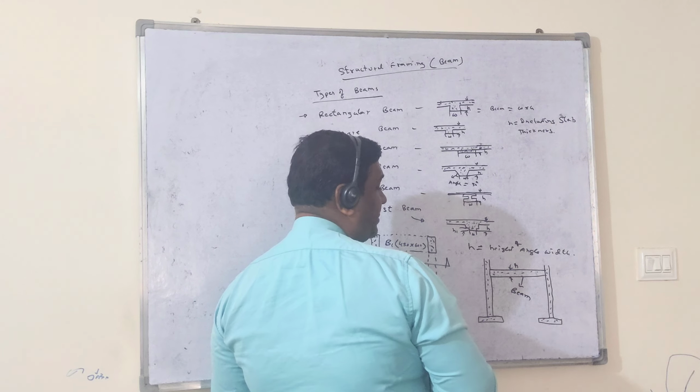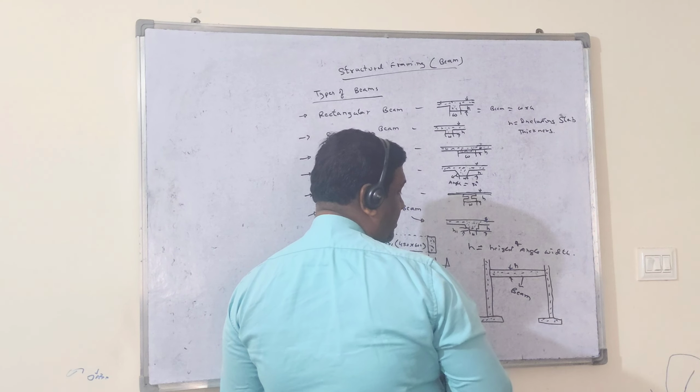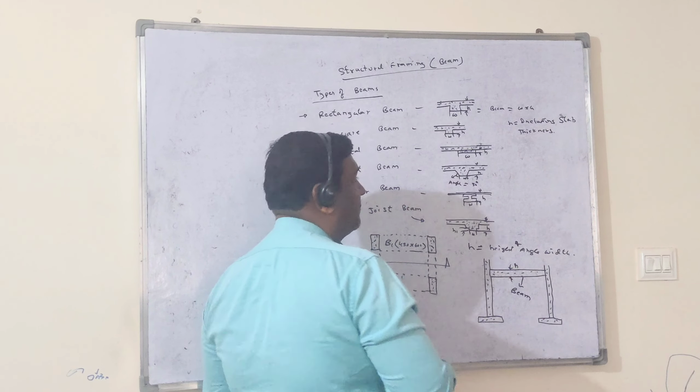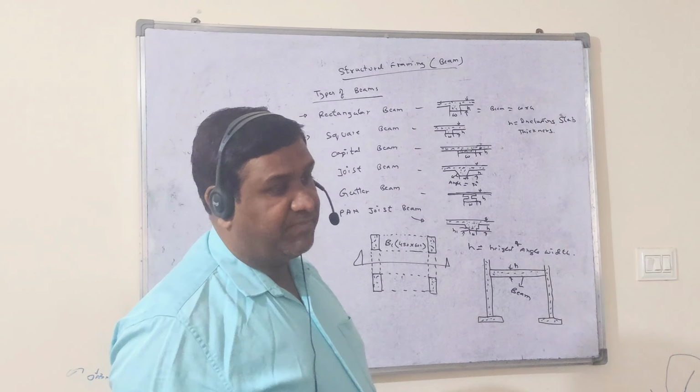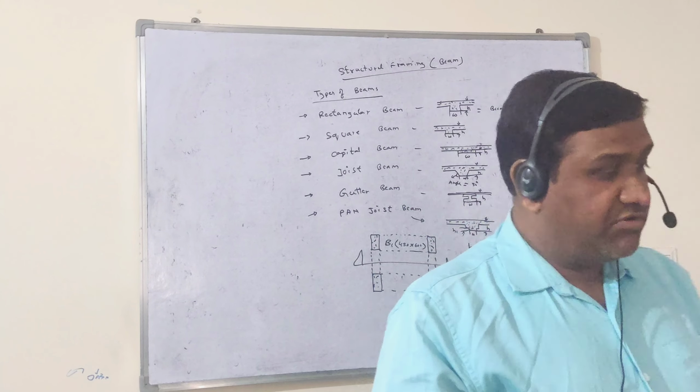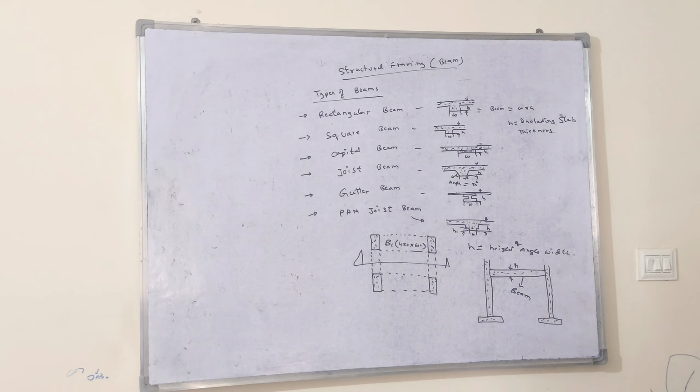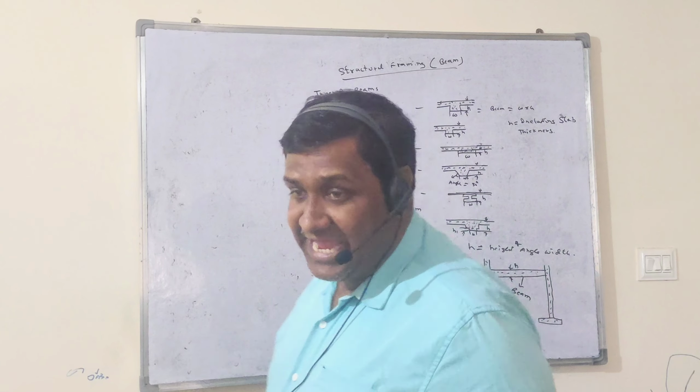So this way we design the beam. If you are placing the beam at plinth level, the ground level, that we will call plinth level. Some people call it floor level also. The beam which comes at that level we will call a plinth beam or tie beam.